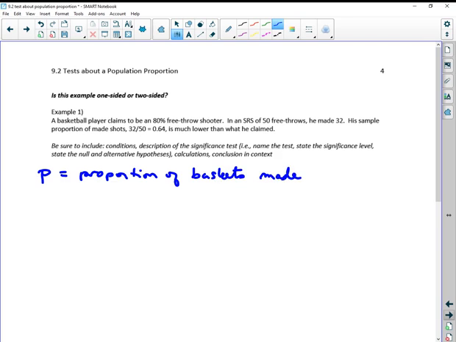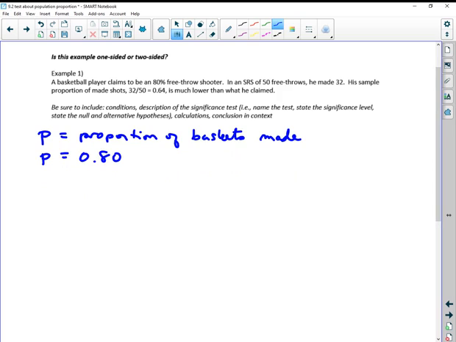He says that he's an 80% free throw shooter, so I'm writing down that he said that. And that's my parameter because he's saying that's the truth about him. But he goes out there and on this day, he ends up shooting a 0.64. So that's our statistic that we're going to be examining and testing to see if this is true.